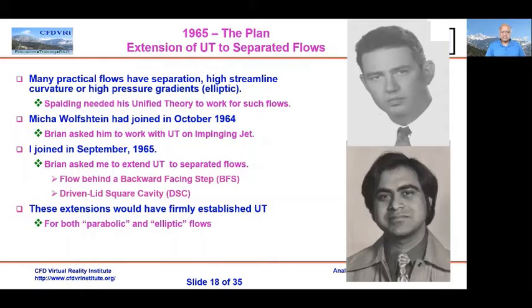And he selected two examples of separated flow: backward flow behind a step and a driven lid square cavity. He said, well, you solve these two. Had we been successful, these two extensions would have firmly established unified theory for both parabolic and elliptic flows.